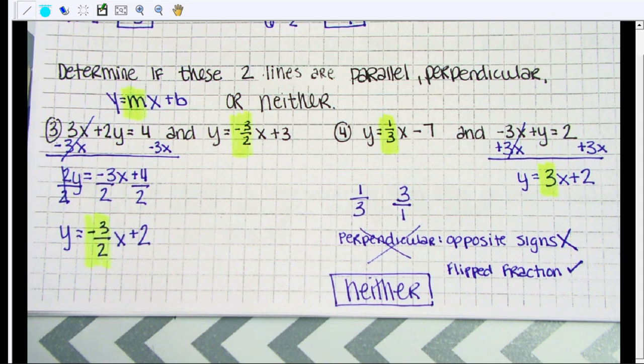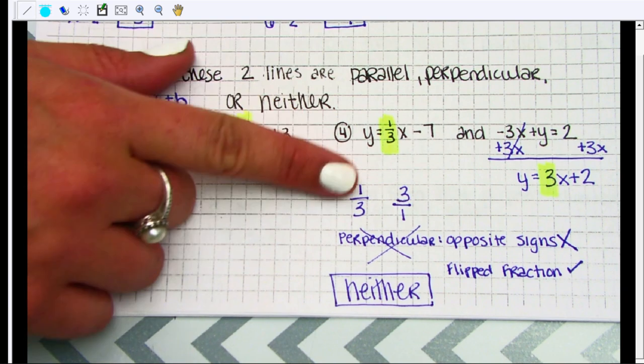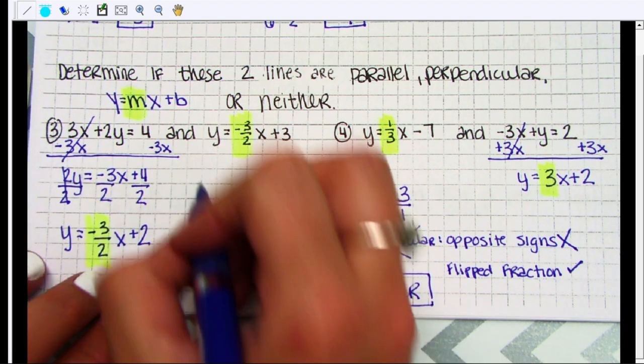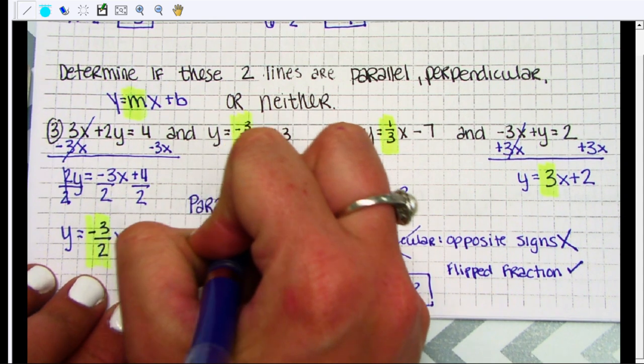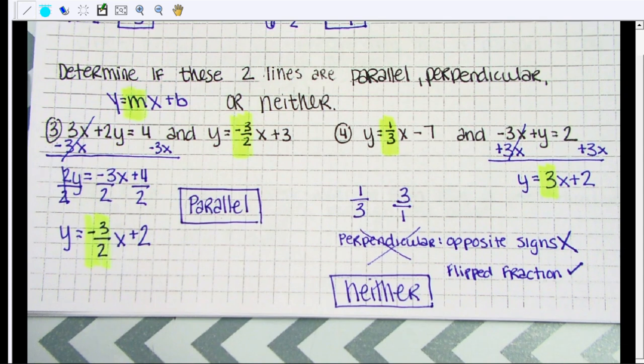Now, if I have just a 3 like this, put it over 1, make it a fraction, make it easier to see. All right, it's okay to have an answer of neither, and I just realized right here I did not write parallel. There we go. Okay, let's do page 26.